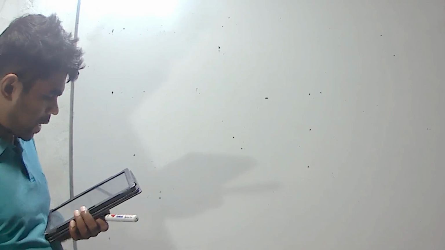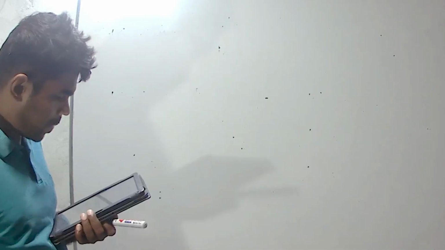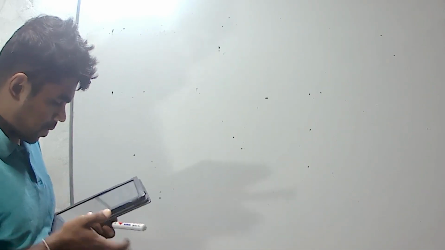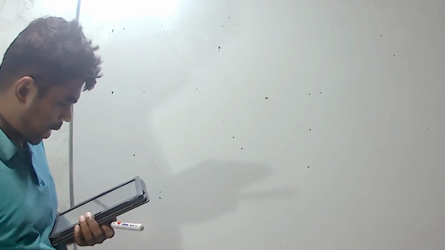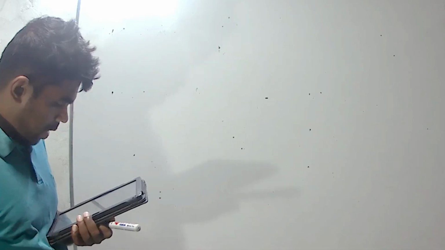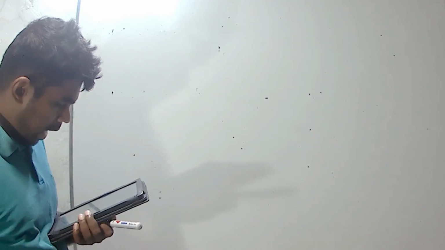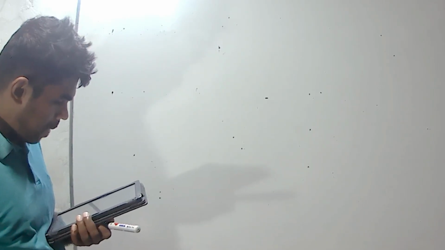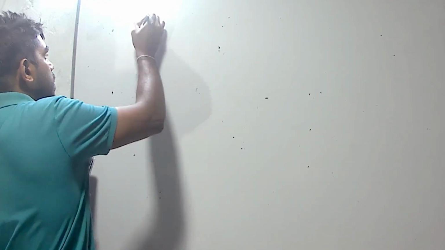In the first situation, the object is placed 30 centimeters in front of the lens, focal length 10 centimeters. After placing the L2 lens, the image is formed at infinity. It means it should be like this.